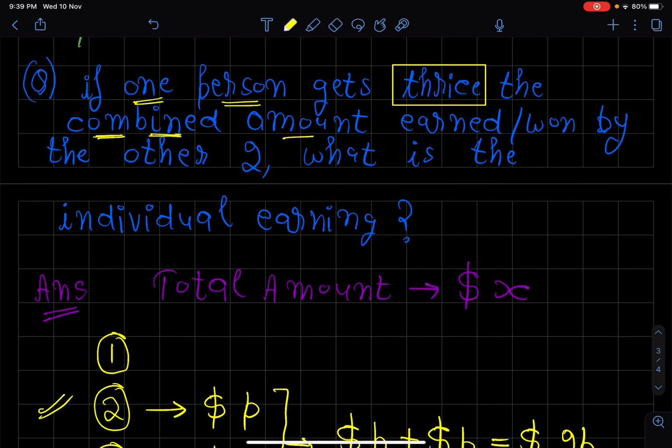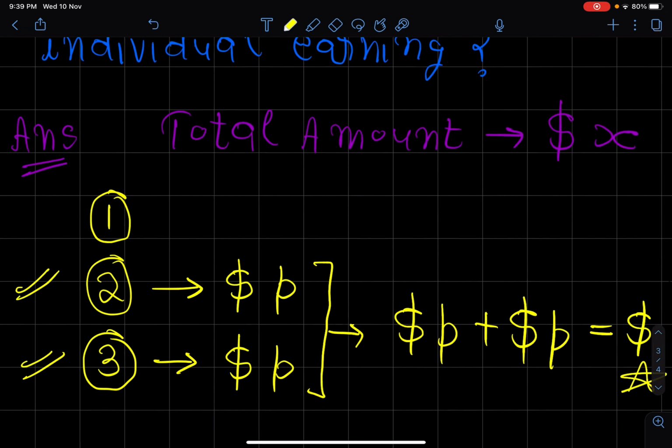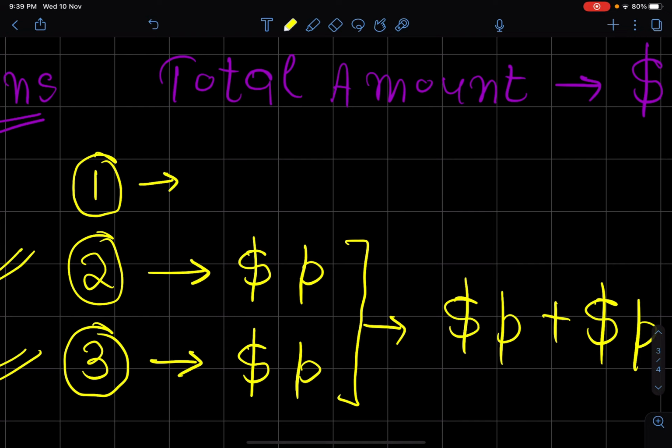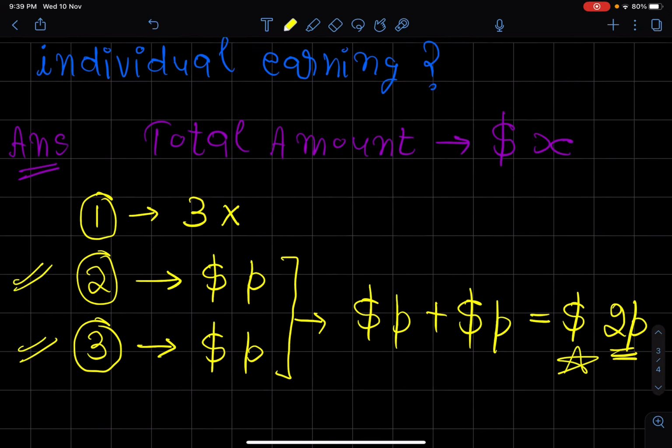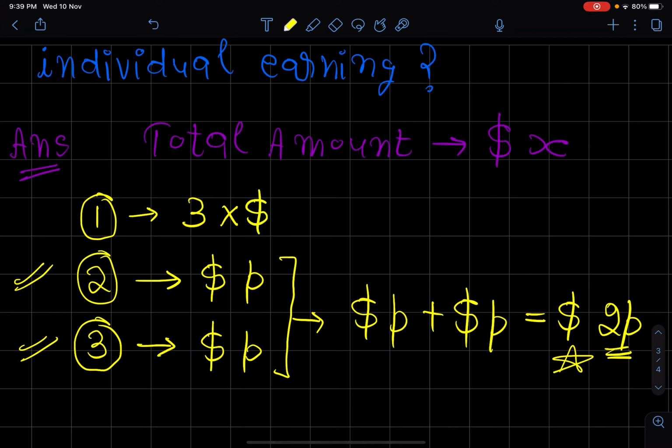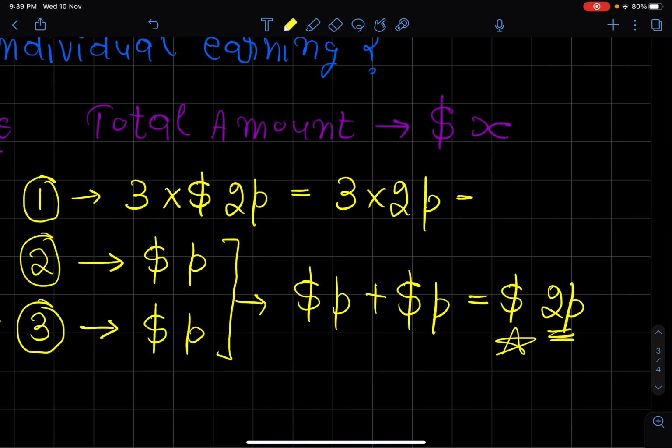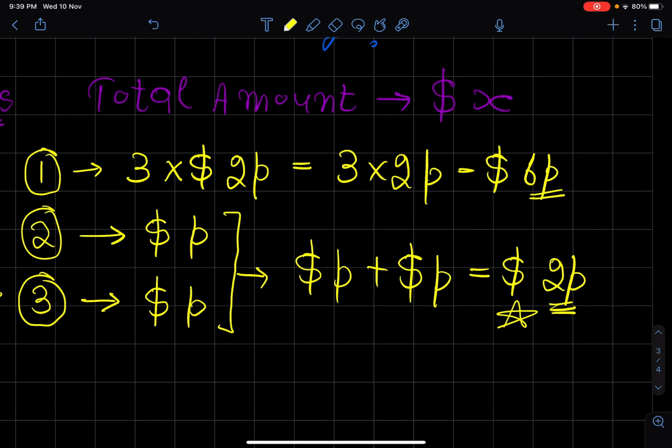Person 1 gets thrice the combined amount, so 3 multiplied by $2P, which makes it $6P. So person 1 earns $6P, person 2 earns $P, and person 3 earns $P.